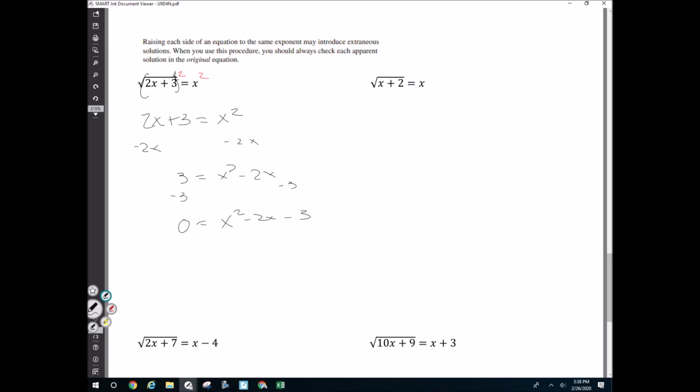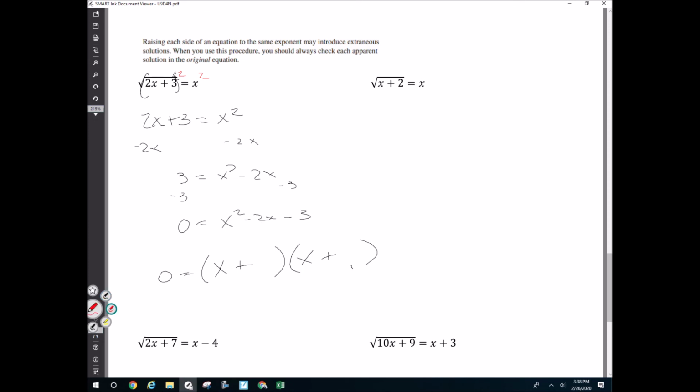x squared plus some number of x plus some other number. We remember if we distribute an x plus something times an x plus something, I get x squared, a number x plus another number x, plus the number. I need to find the two numbers that end up multiplying to get this and adding to get this. Remember that?